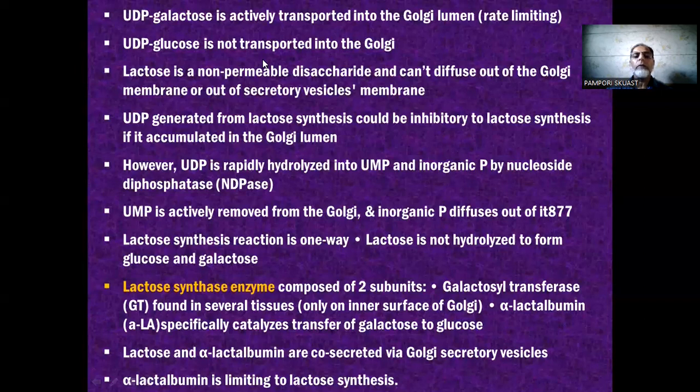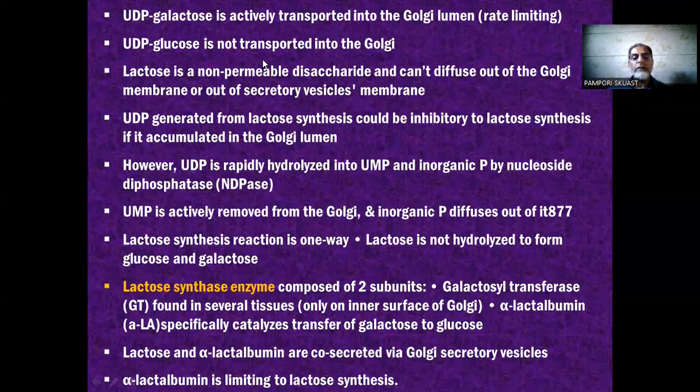And if UDP remains there, it becomes an inhibitor of lactose synthesis. So this UDP is to be hydrolyzed to UMP, and then UMP is actively removed from the Golgi, and the inorganic phosphate which comes from this diffuses out of it. The lactose synthesis reaction is one way. Once lactose is formed from glucose and galactose, it is not hydrolyzed to form glucose and galactose again. It is a one-way reaction.